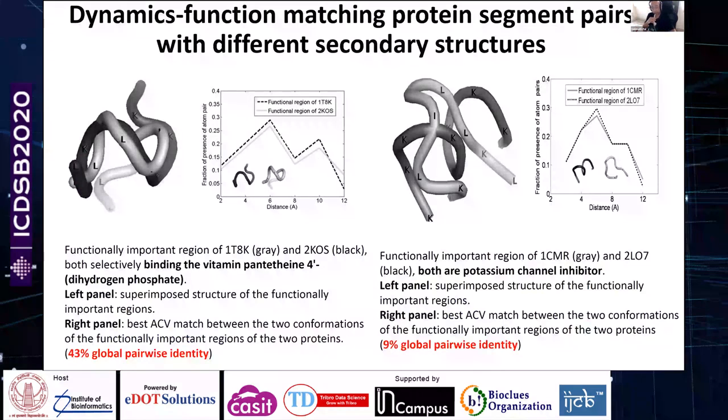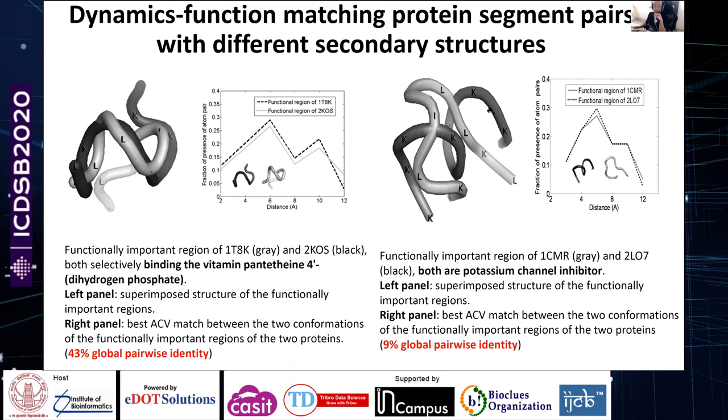The interesting aspect of the work that we did was that it allowed us to identify functions of proteins that are matching, where you would never expect to get any insight if you did a sequence-based search, or even a structure-based search. For example, you can see on the right-hand side, we have a protein pair where both are potassium channel inhibitors, and the global match is only 9%.